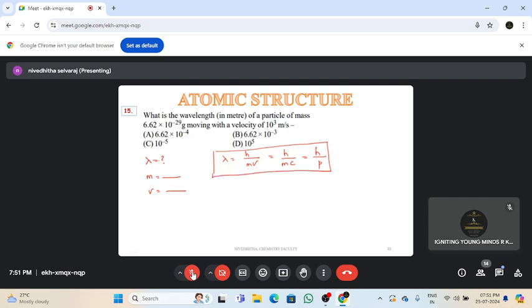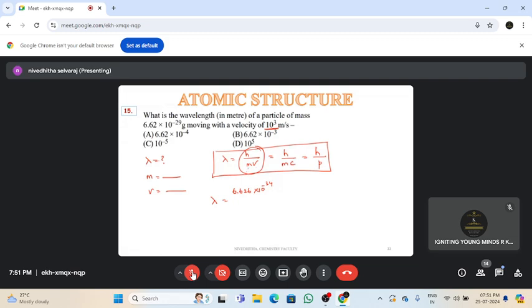Here the particle is moving with the velocity of 10 power 3 meter per second. So I'm going to use this formula. So lambda is equal to, what is the value of h? It is Planck's constant basically. So 6.626 into 10 to the power of minus 34. In the denominator we have mass, so anyway we are going to express that in kilogram.